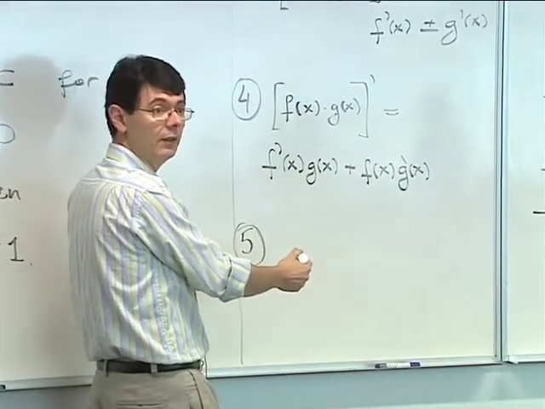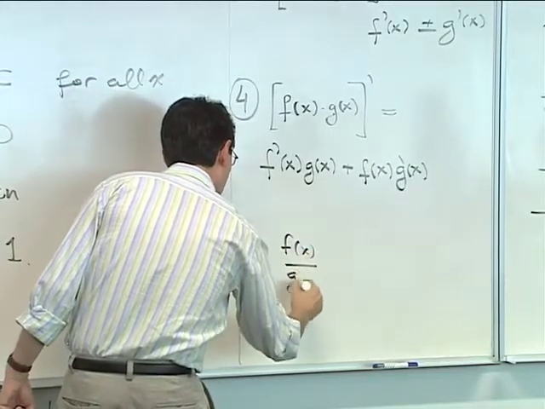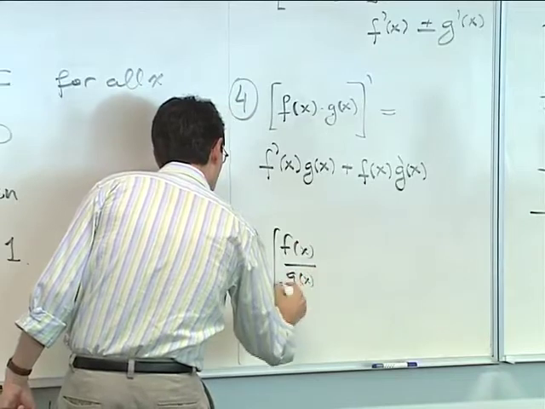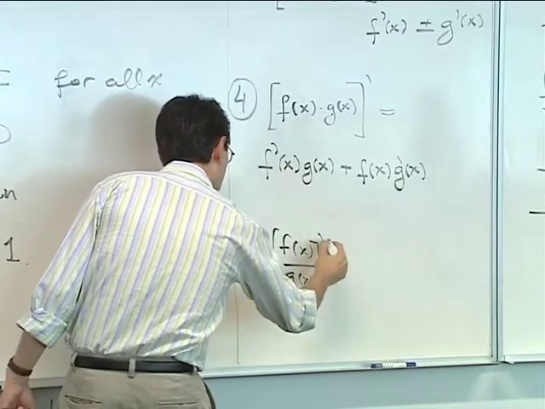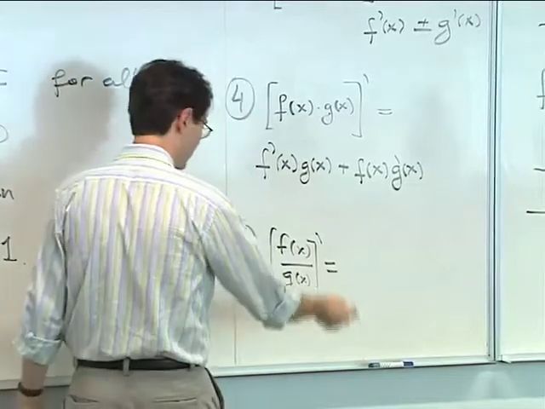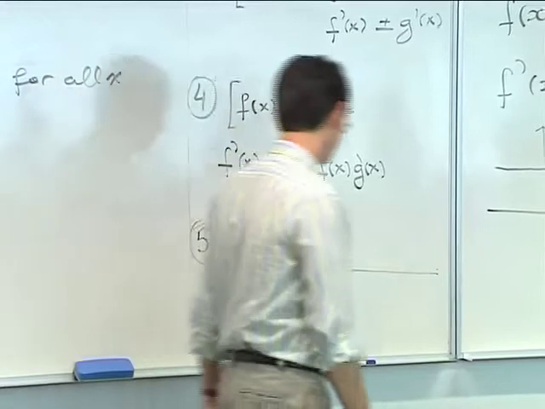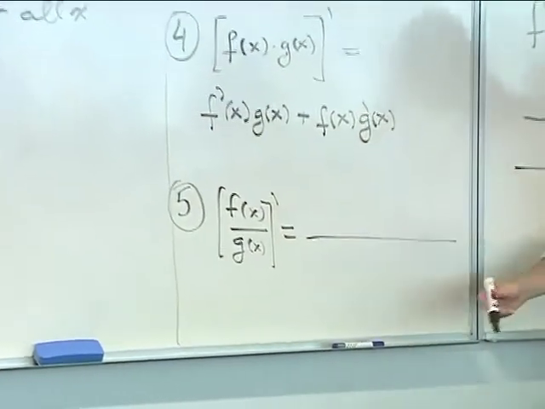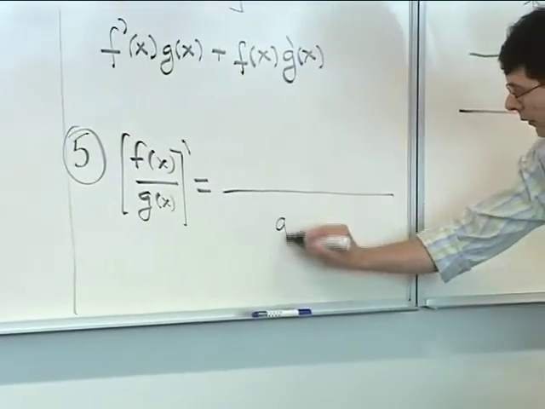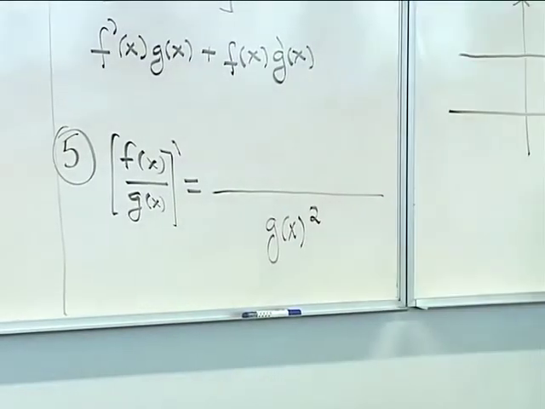What's missing? Division. So f of x divided by g of x. Take a derivative. And what's the formula? Now, as you would expect, the formula is the more complicated one. And it goes like this. You square the denominator. Don't take a derivative.